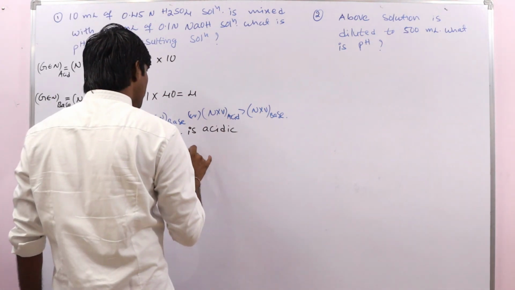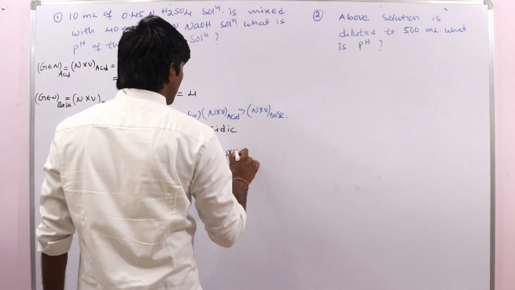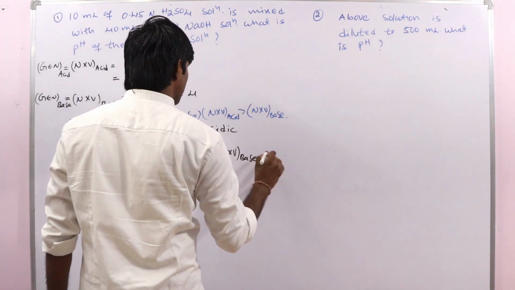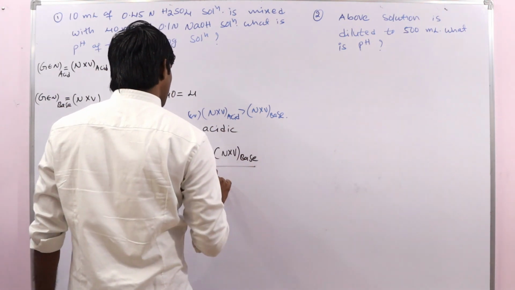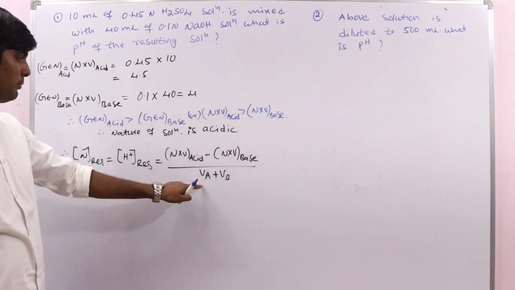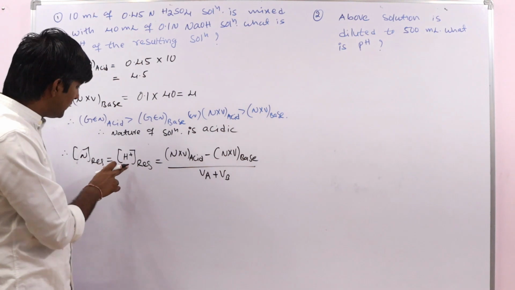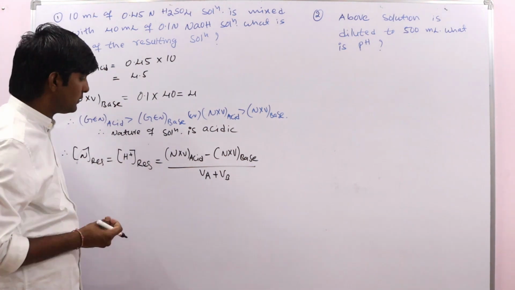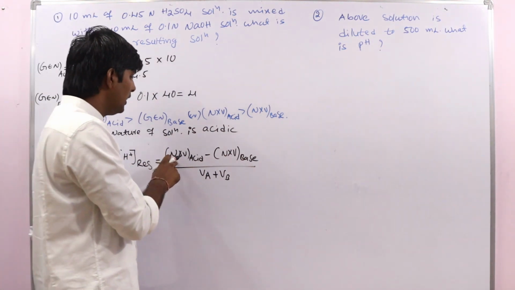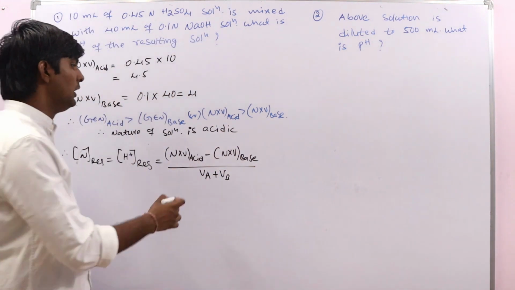N into V of acid minus N into V of base, divided by Va plus Vb, volume of acid plus volume of base. Clear? Very simple.